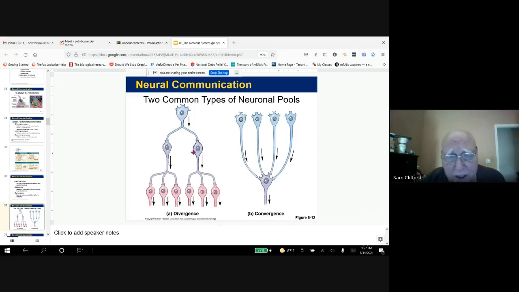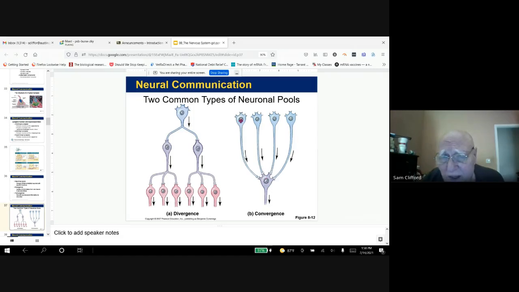So a signal can be spread and diverge to many other new neurons, or they can converge and have the information from multiple neurons funneled through or allowed to lead to the electrical signals.